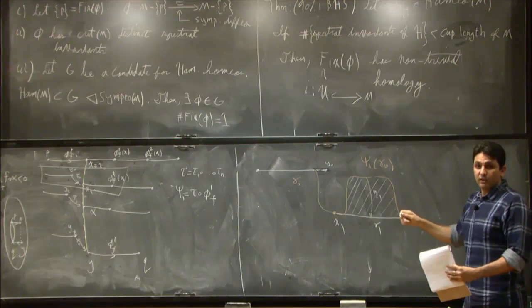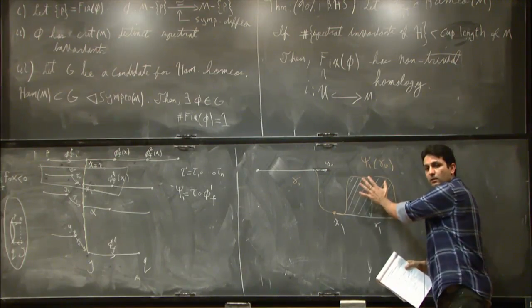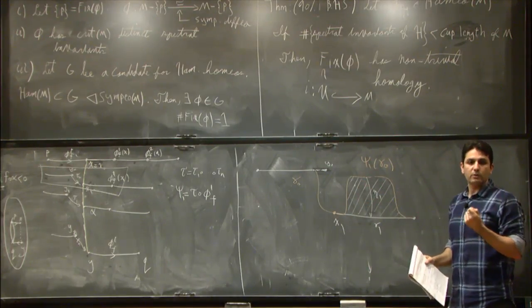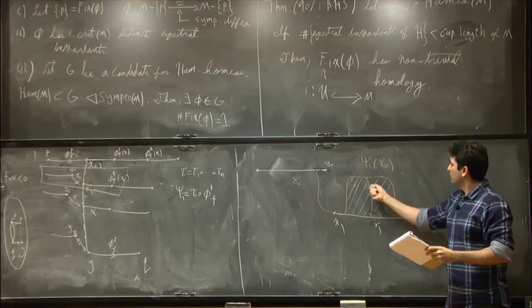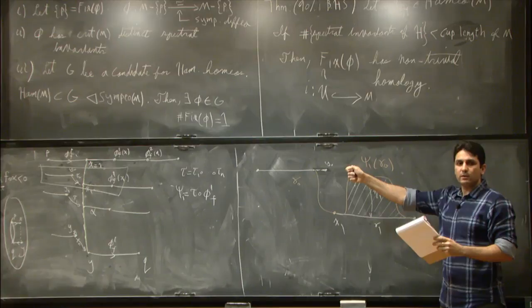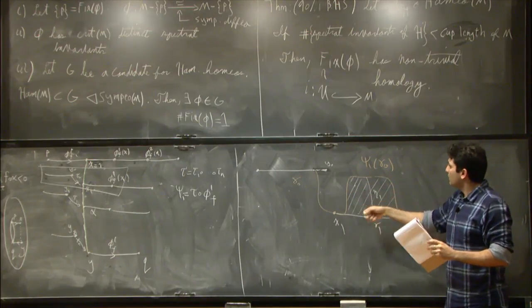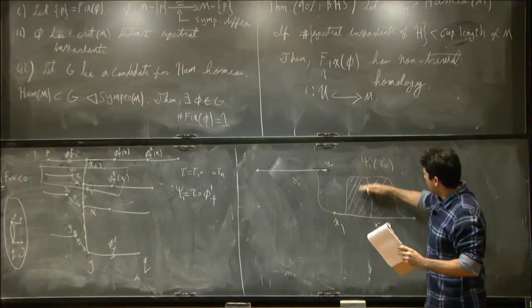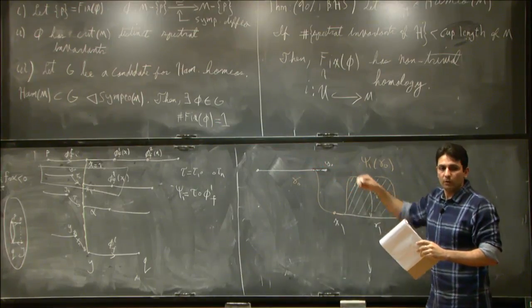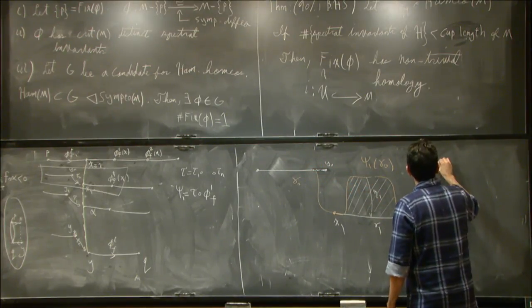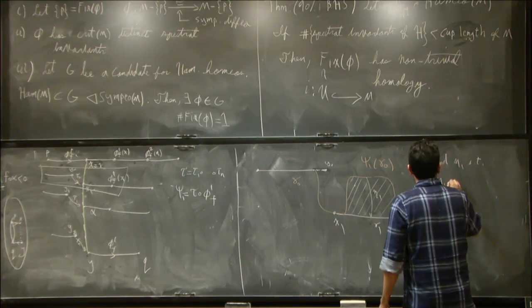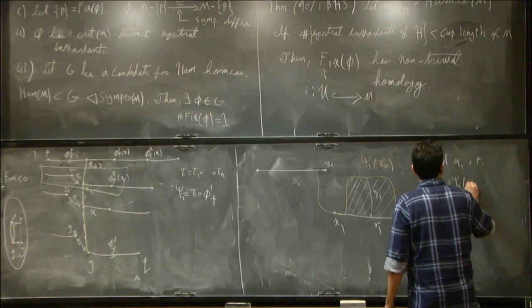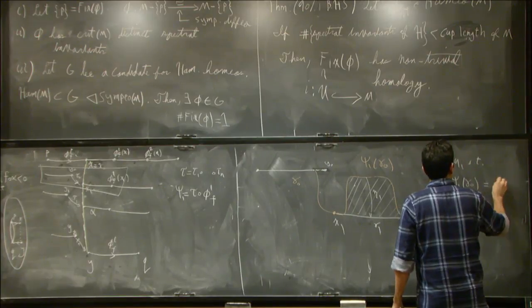But you can ensure that doesn't happen because this is a surface and the rest is a curve, and you're in dimension 4. So by a general position argument, this surface is disjoint from the rest of the curve, and therefore you can make sure this eta 1 doesn't interfere with what you've done before. So find eta 1 such that eta 1 of psi 1 of gamma 0 is gamma 1.